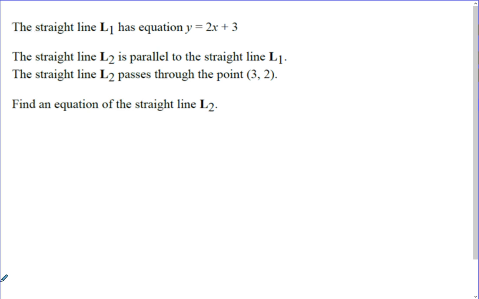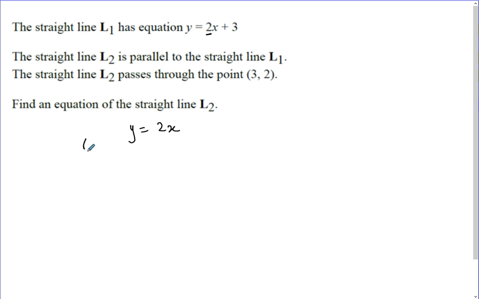The straight line L1 has equation y = 2x + 3. The straight line L2 is parallel to that line, and L2 passes through that point. So again, the only thing confusing about this question is the L1, L2. So you know the straight line L2 will also be y = 2x because it is parallel to that. So it has to have the same gradient.